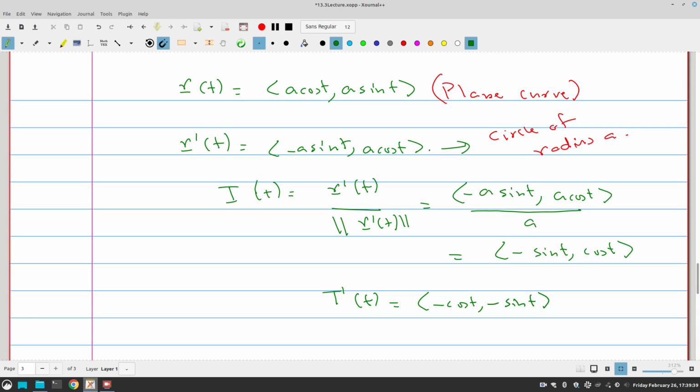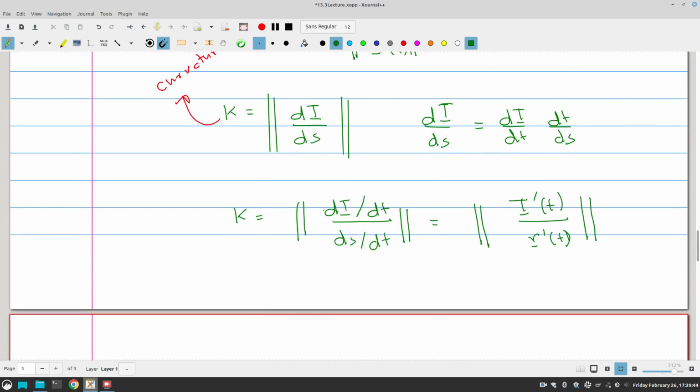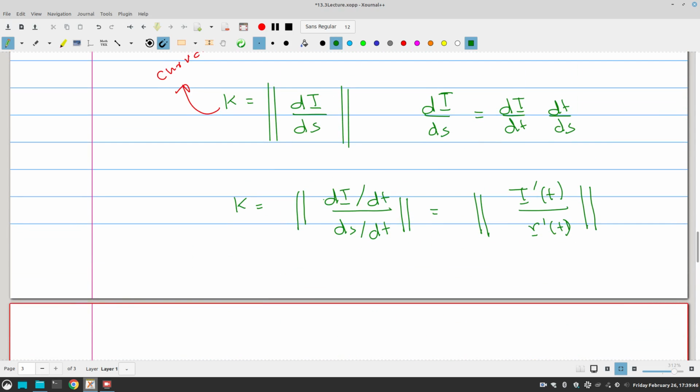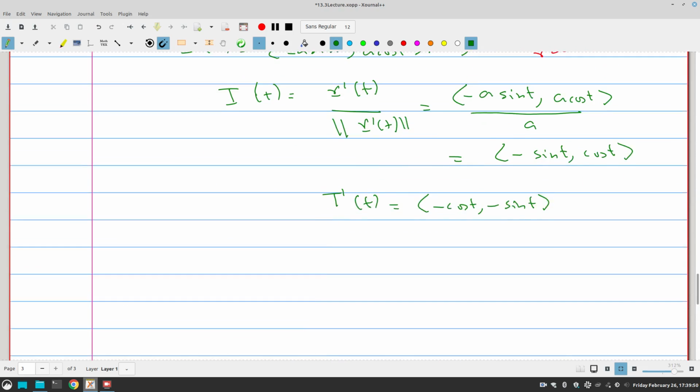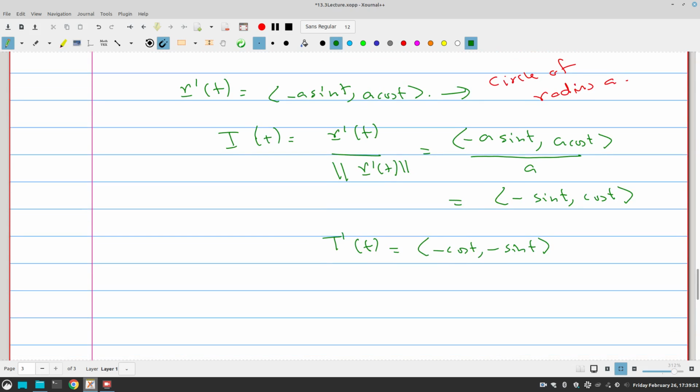Right. So this is T prime t, and if you use this formula, kappa is the modulus of T prime t divided by the modulus of r prime t. The modulus of T prime t is of course 1.